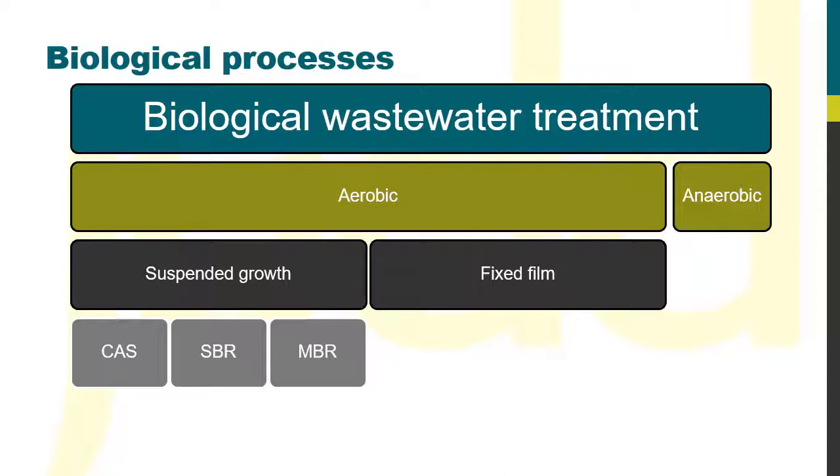Moving on to the fixed film process, again the most old and established of these is the trickling filter, which is a very simple design. In this case, a medium is set inside some kind of vessel, and water is trickled over the surface of the medium as a thin film, so that thin film of water is in contact both with the medium and with air, from which the oxygen is taken.